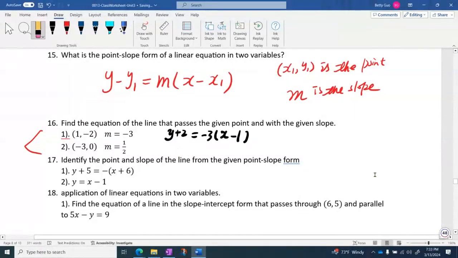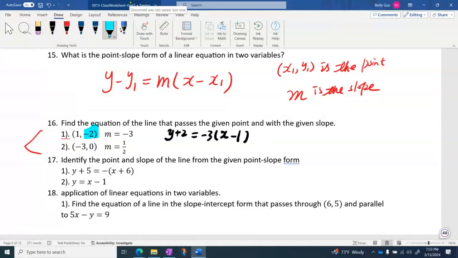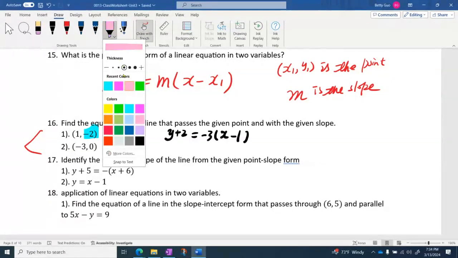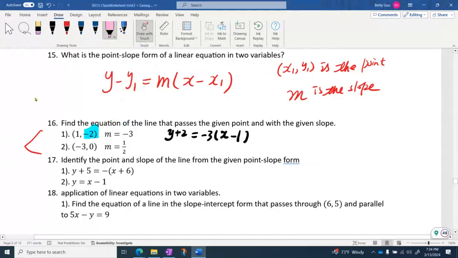That number is the opposite of the blue. On the right side, I have slope times the parentheses. In the parentheses, I have variable x plus number. The number is the opposite of the pink.